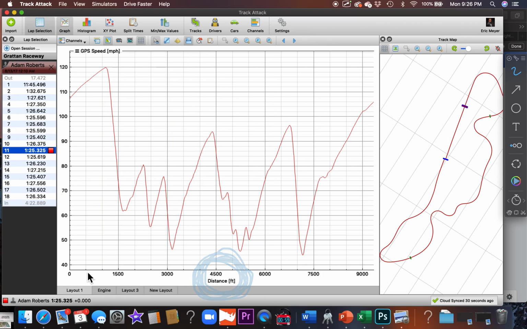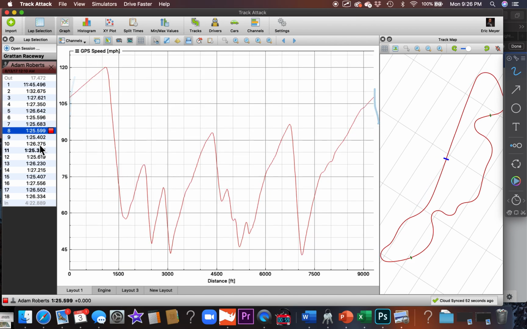Over here at 0 is the start, going this way. And all the way over here is the end of the lap, where we're coming around here and getting the checkered flag. So start of the lap, end of the lap.